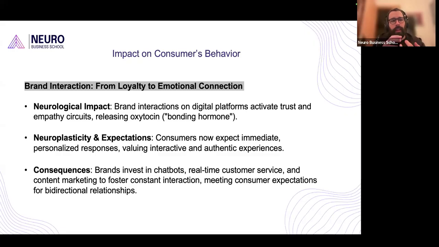They really want to be the protagonist of that experience, and they want to create these kinds of connections as much as possible with the messages that we can deliver to them.